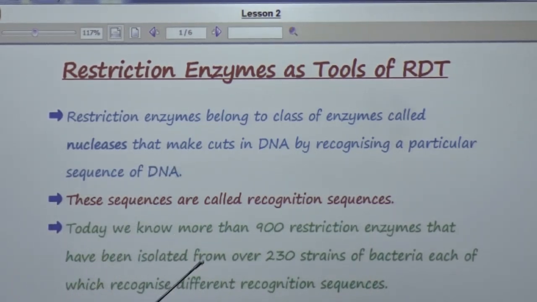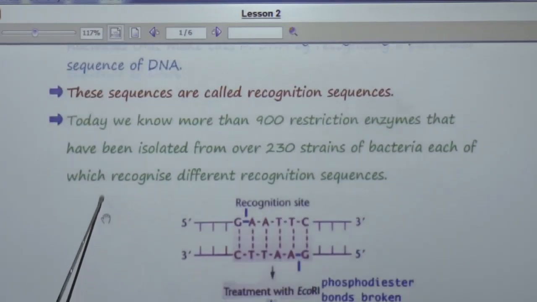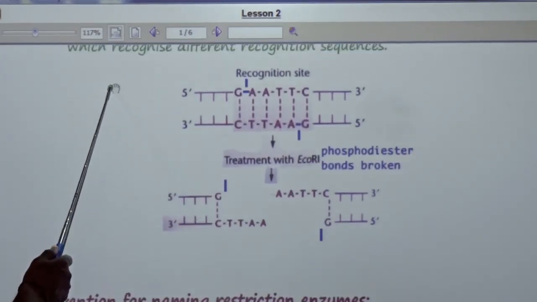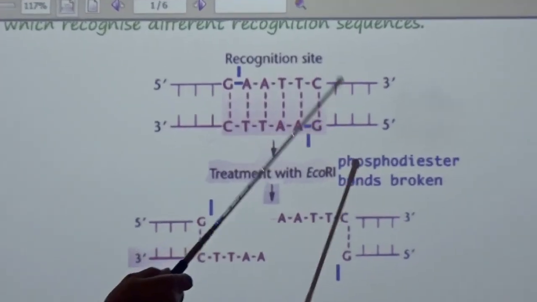Today, we know more than 900 restriction enzymes that have been isolated from over 230 strains of bacteria, each of which recognizes different recognition sequences. You can see here the recognition site.